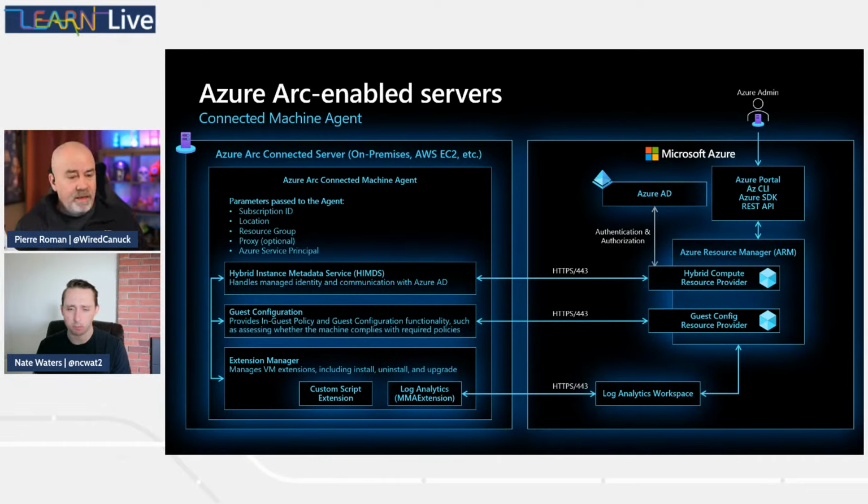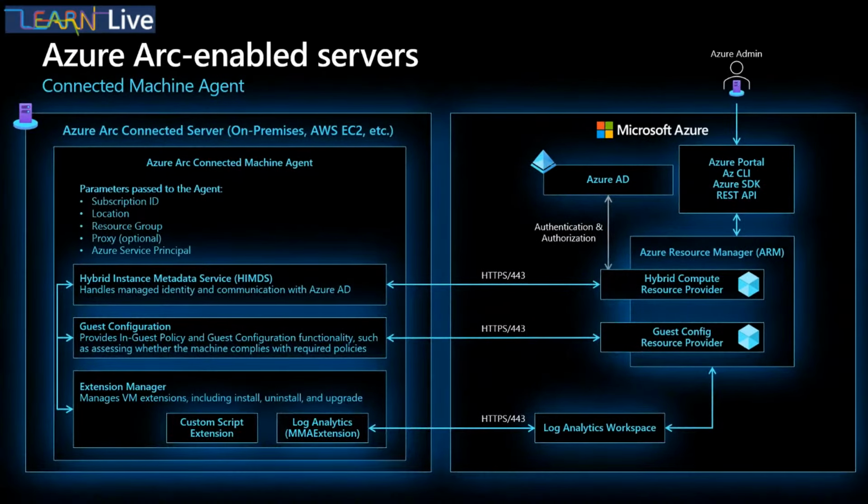Right. And breaking down the connected machine agent for Azure Arc, there are really three core components. If you look at the slide on the left side, you'll see those three buckets. First, the hybrid instance metadata service, which manages the identity and aligns it with Azure. Then you have the guest configuration agent, which provides in-guest policy and guest config functionality, such as assessing whether the machine complies with your required policies.